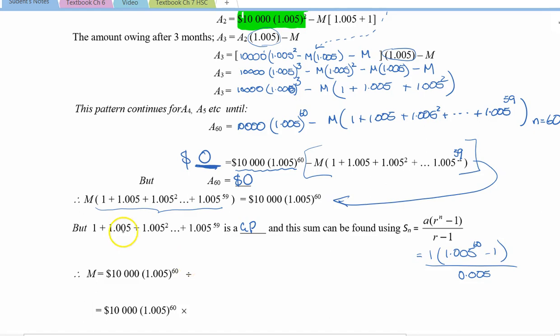So if I've got m times that, I'll want to divide both sides by this, which I don't need that first one. Divide both sides by 1.005 to the 60 minus 1 over 0.005. And the rule for dividing by a fraction is invert or turn upside down and multiply. 1.005 to the 60 minus 1.